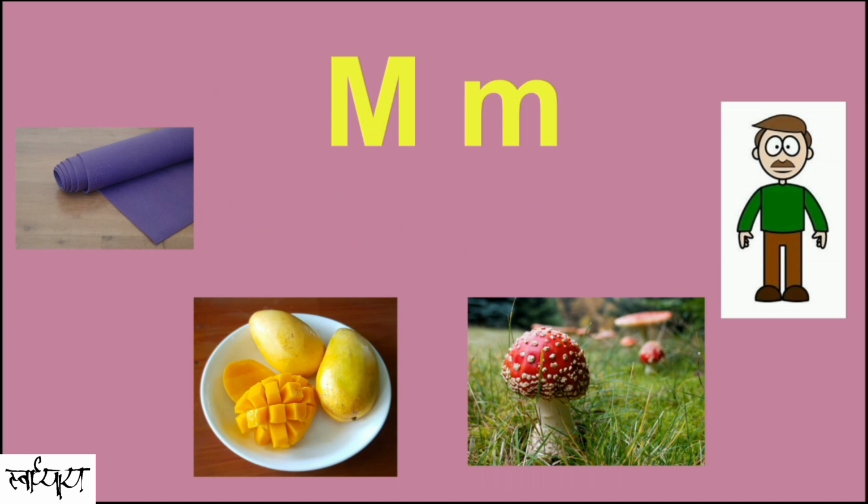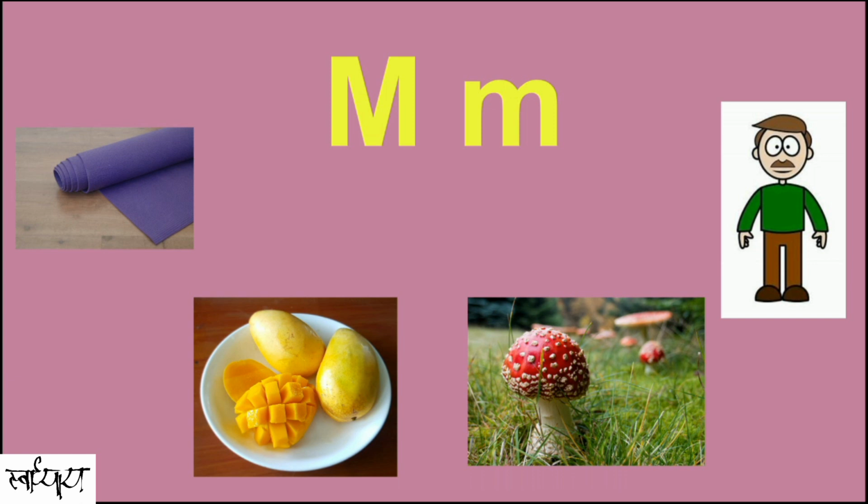This is letter M, and letter M makes sound mmm. Remember, it's not M. Prolong the sound a little bit so that your child understands that the word starts with mmm sound, like mat, mango, mushroom, man.